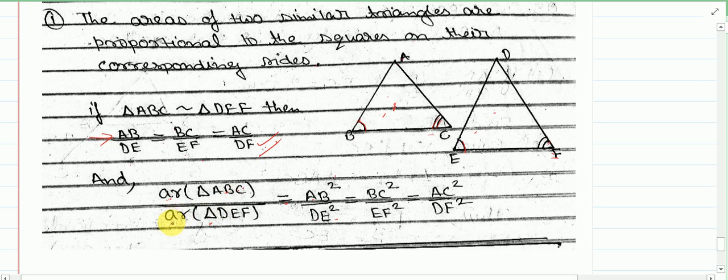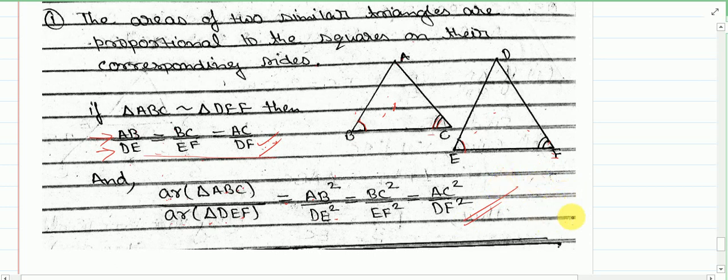In the denominator we have taken only sides of the second triangle, so down we are writing the area of the second triangle. These sides are proportional, so we write the area of this triangle upon the area of the second, and then we write this only. The only thing is we have to take a square of each. And this is the relation.